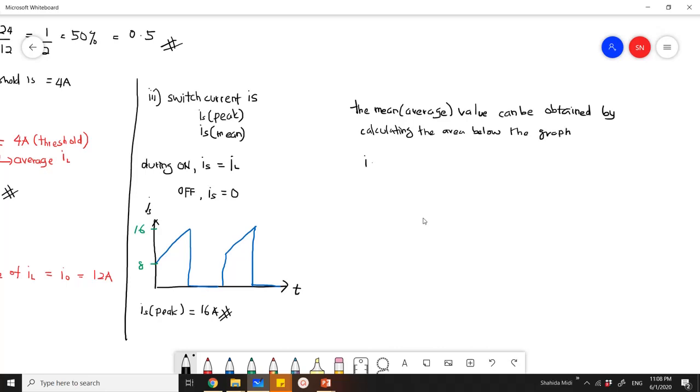So here, I'm going to divide this into area A and then area B.